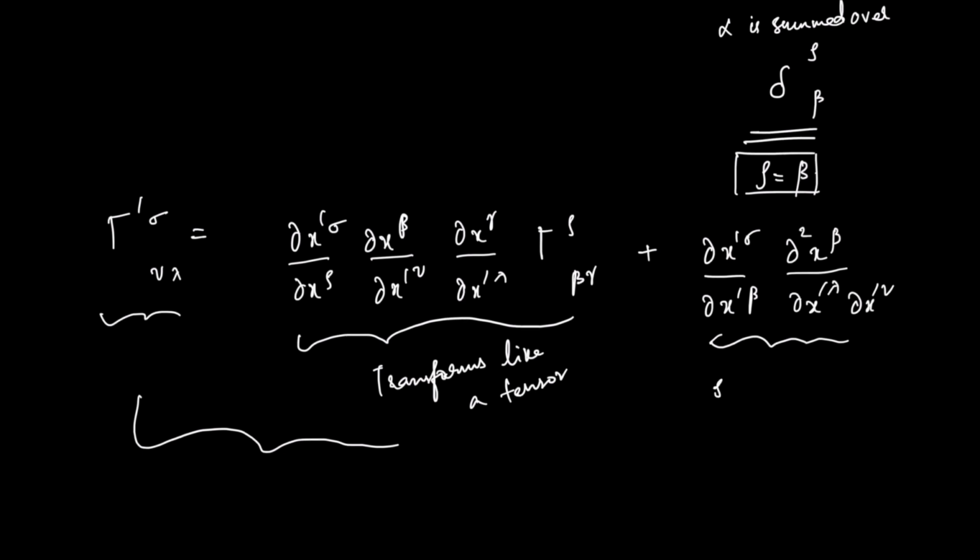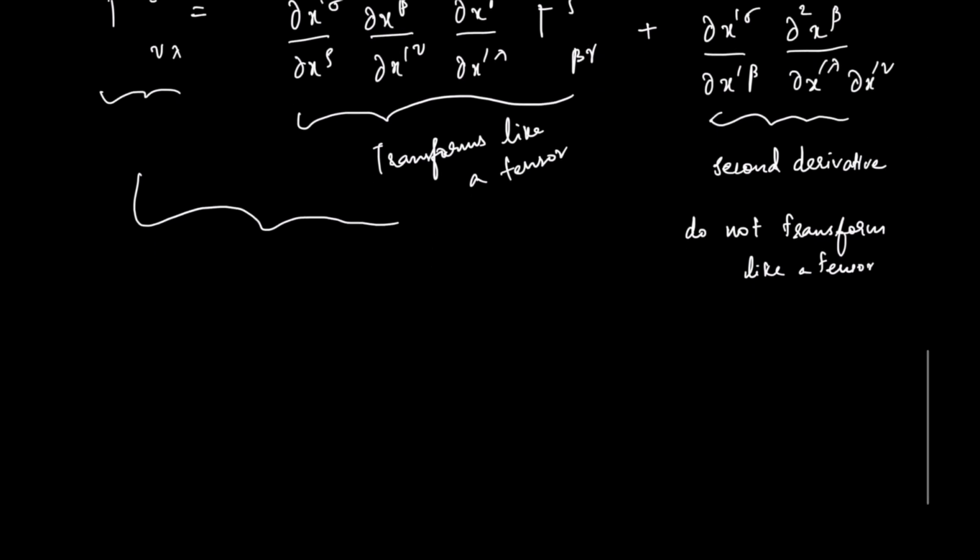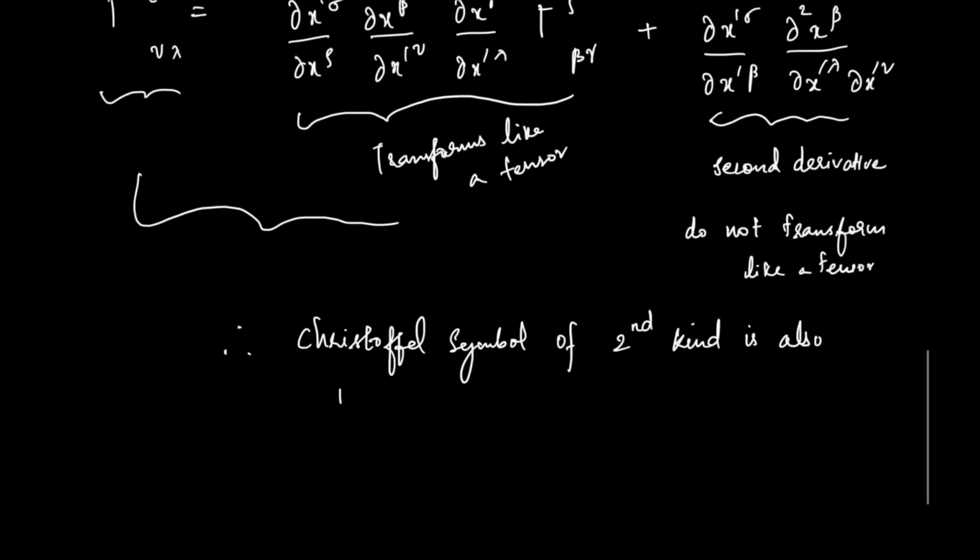So due to the presence of the second derivative, this term does not transform like a tensor. Therefore, Christoffel symbol of second kind is also not a tensor.